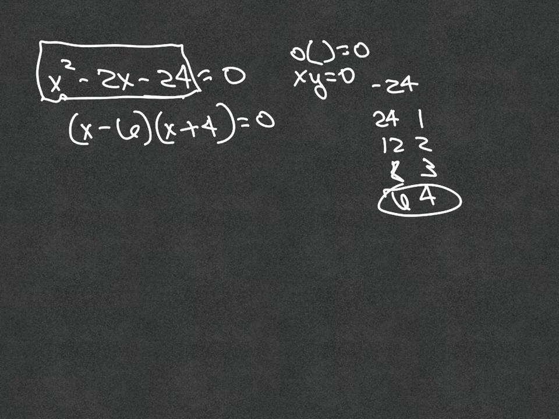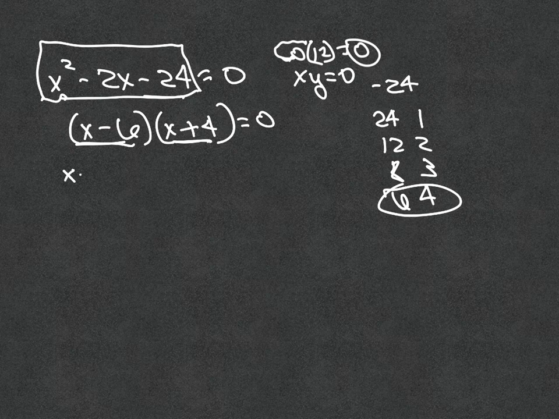It could be 12, it could be 6, it could be any number, because when we multiply it by this 0, we're going to get 0. So that's what we're doing here. We're trying to figure out what number we can put in here to make it 0, and what number we can put in here to make it 0, and that will end up being our answer. So let's go ahead and continue on.